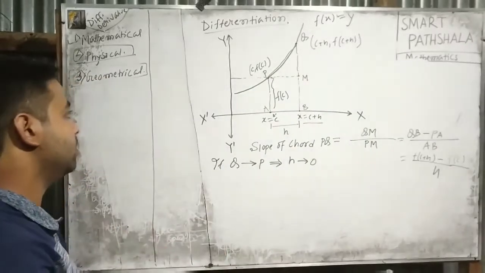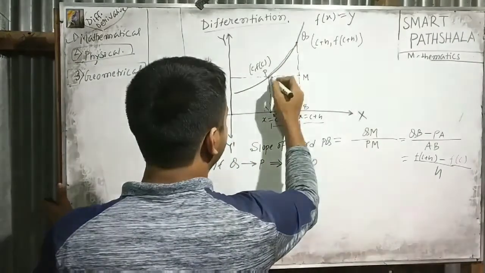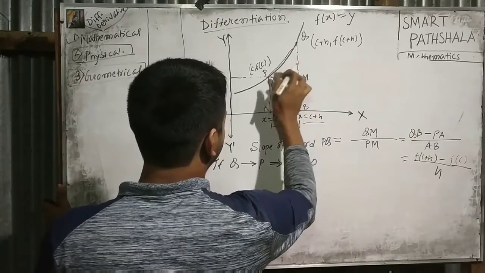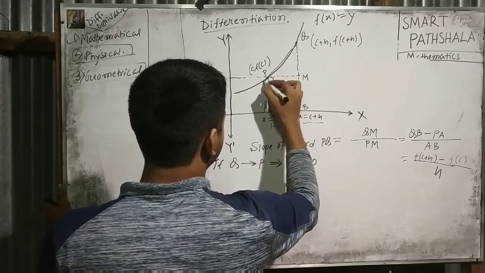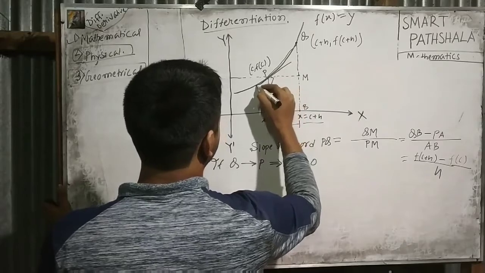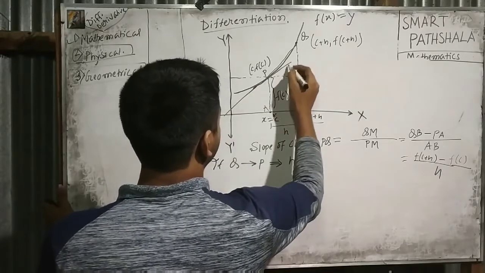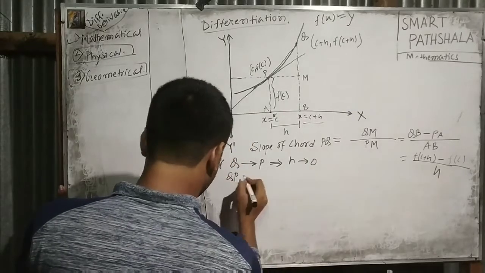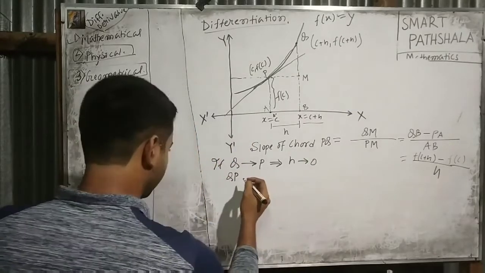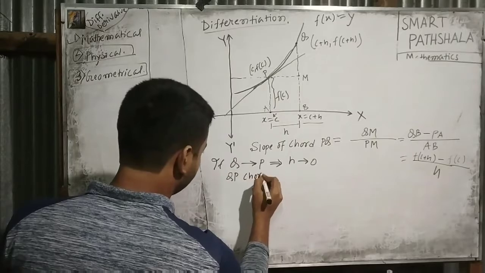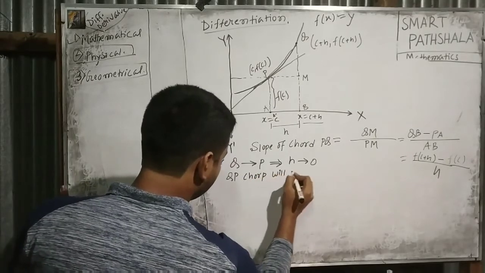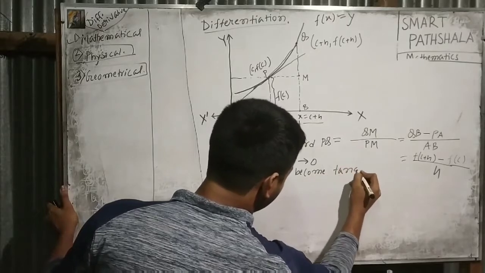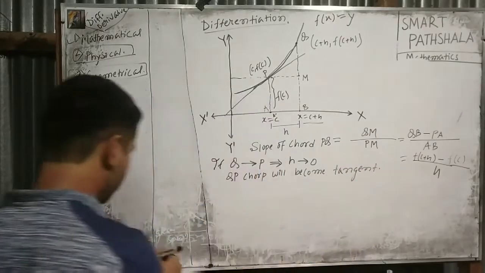What is not known by everybody is that this chord will then, suppose imagine this is coming closer to P, then this chord will become a tangent at P. So the QP chord will become a tangent.